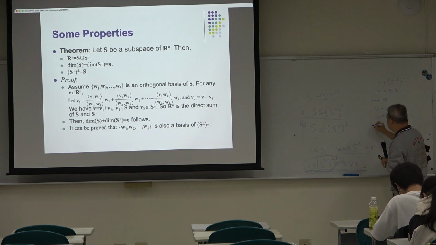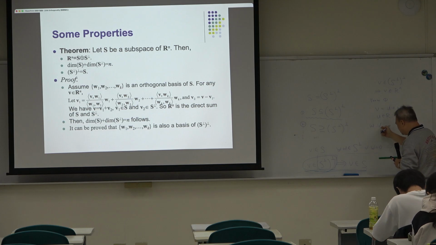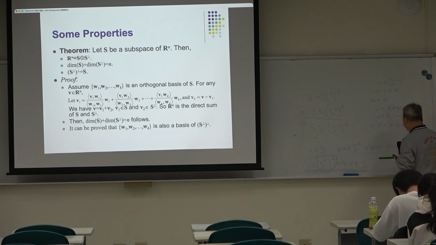Let's do it this way. Let's do W dot V. We do an inner product of W to V. And then what happens is that this is going to be W dot U plus W dot W, right?